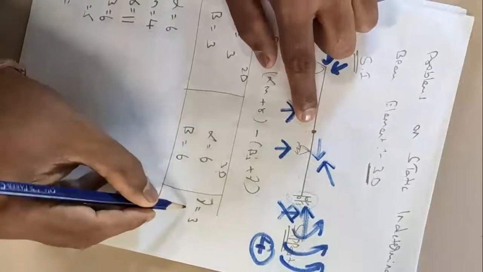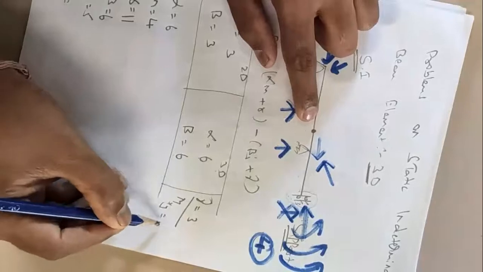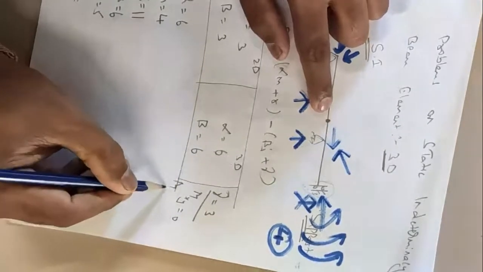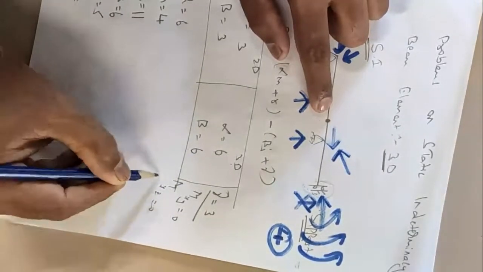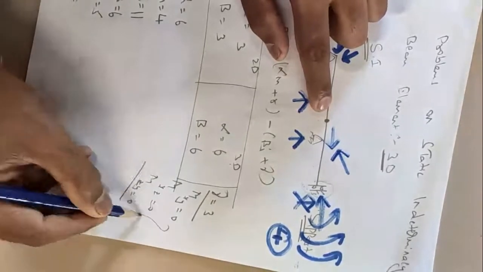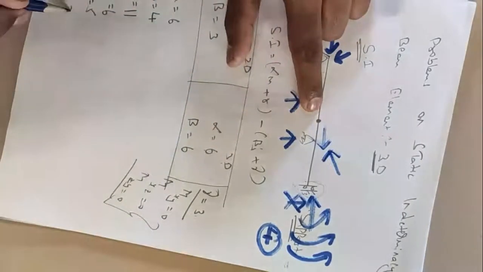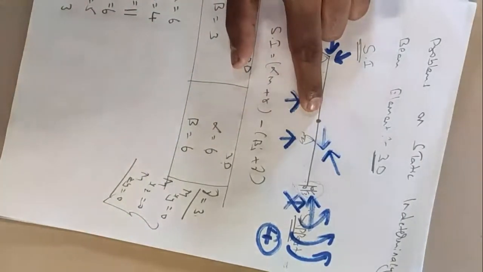What are those 3? Those 3 are m of xy equal to 0, m of xz equal to 0, and m of zy equal to 0. So these are the 3 moments which will be there at your hinge. So gamma value will be equal to 3.